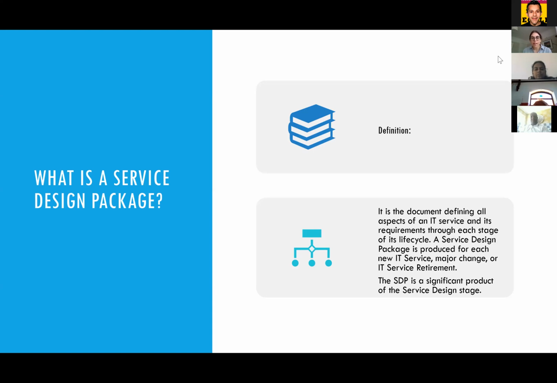So like I said, it's quite a vast subject or area to highlight, but the SDP is just a significant product of the service design stage. And I'll go through the stages as well as to where the SDP actually sits within, even service transition until it gets to operations. So that's just a basic definition of what a service design package is.